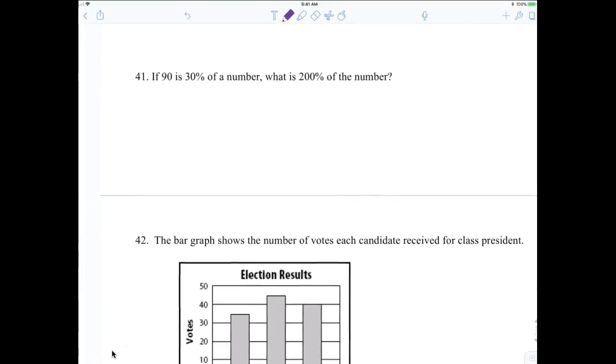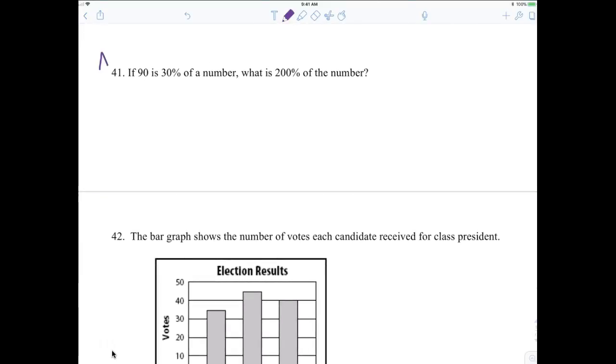Ooh, put a star by 41. Put a star by 41. Really important. It's good, like an SAT type question. All right. So in this case, it says 90. So we write down 90 equals 0.3n. Everybody agree with that? So to solve that, divide, so n is equal to what?